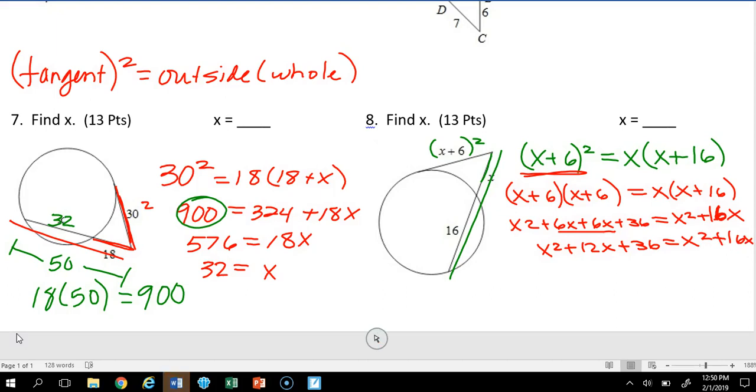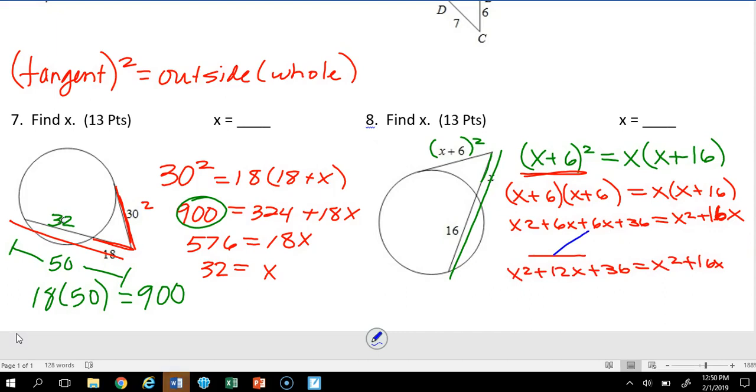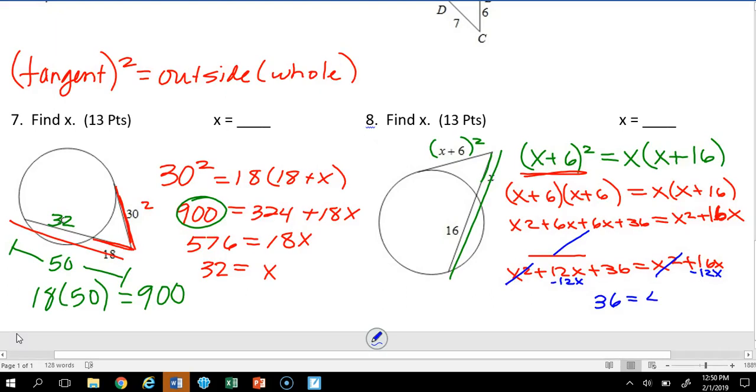Now you should notice at this point that I have x squareds on both sides of the equal sign, so I can cancel these out. And I'm left with my 12x plus 36 equals 16x. So I'm going to go ahead and subtract the 12x from both sides. So that means 36 is equal to 4x, and we're going to divide both sides by 4, so our x is going to be equal to 9.